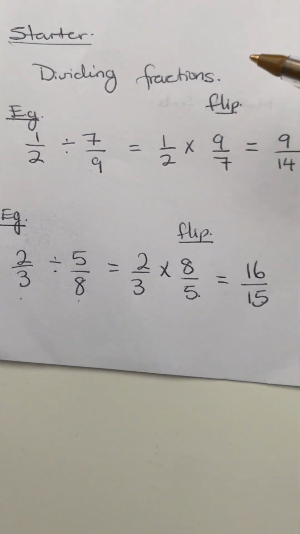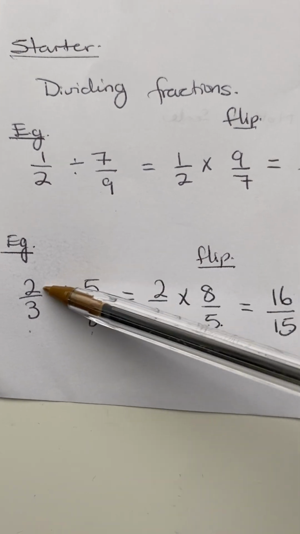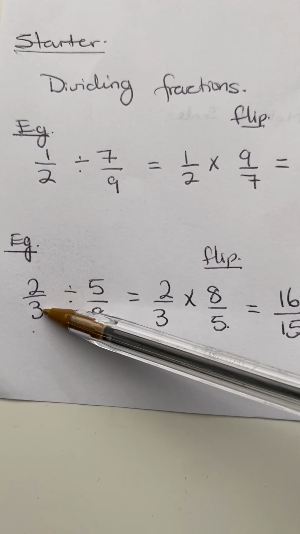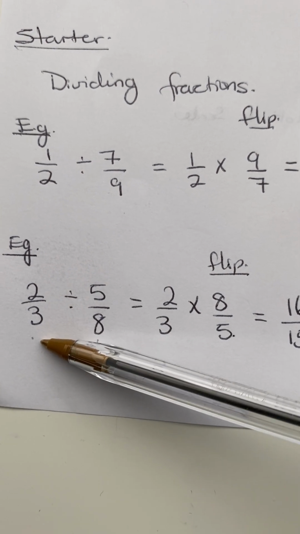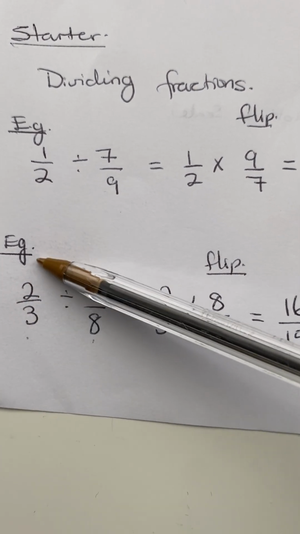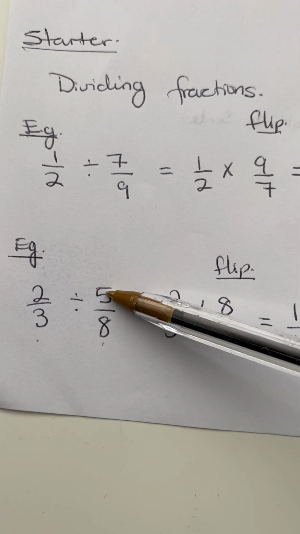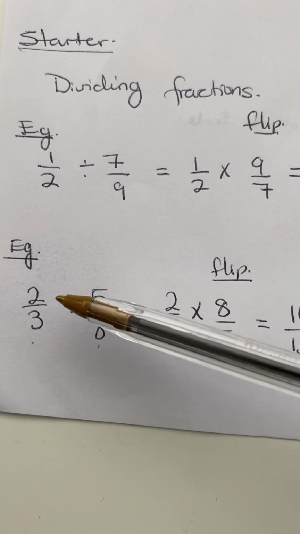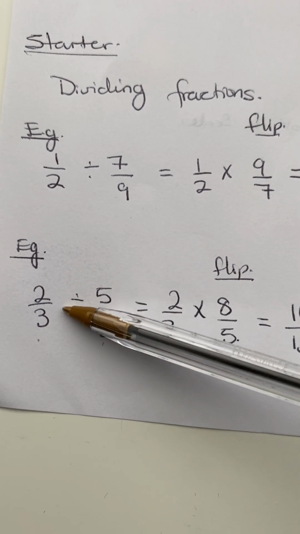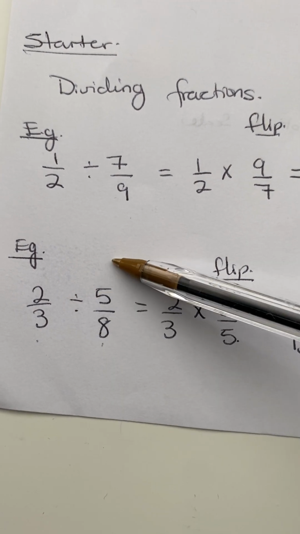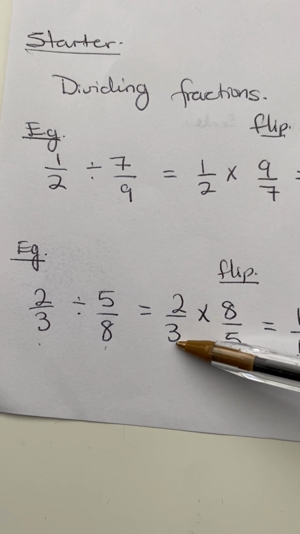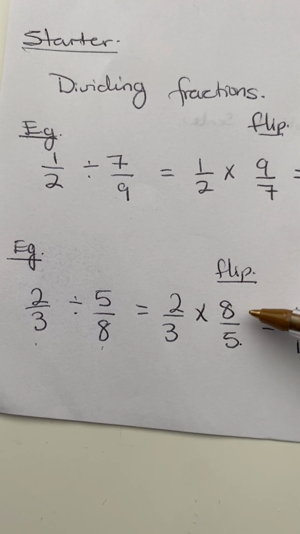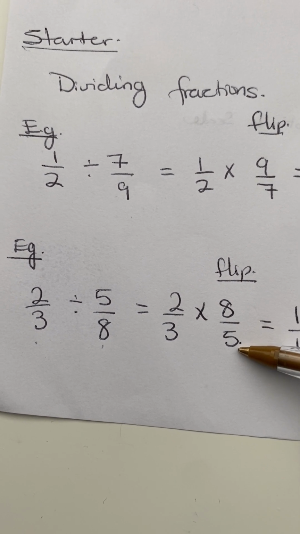Now another example here. 2/3, that is our first fraction, divided by 5/8. Because of the division sign, we need to flip the second fraction. So 2/3 times 8/5.